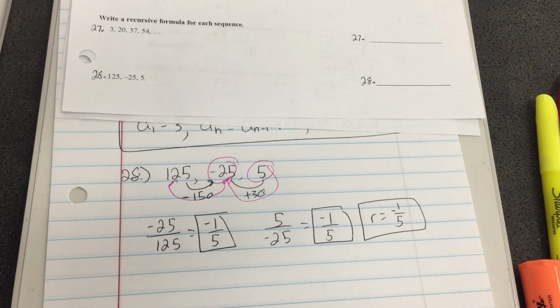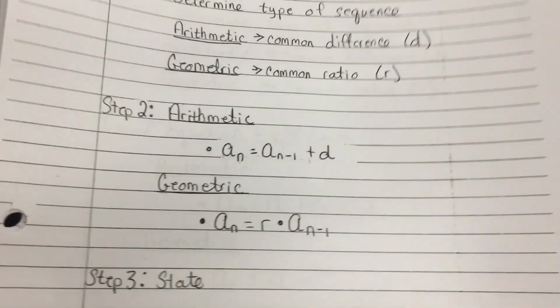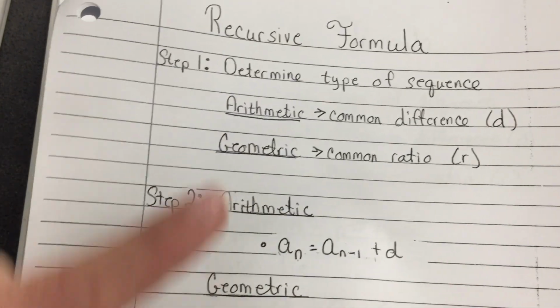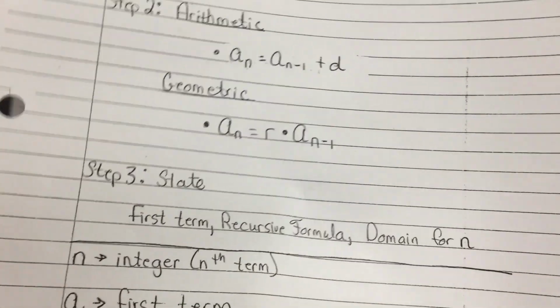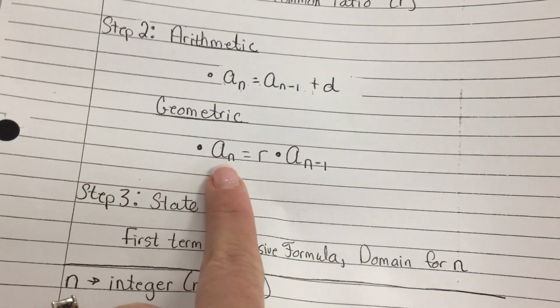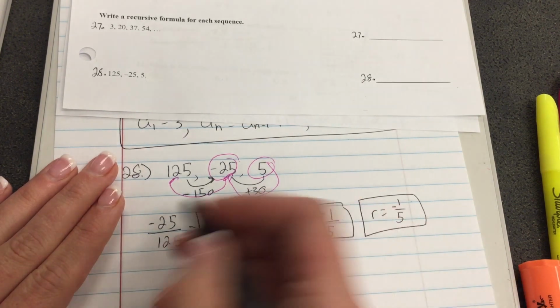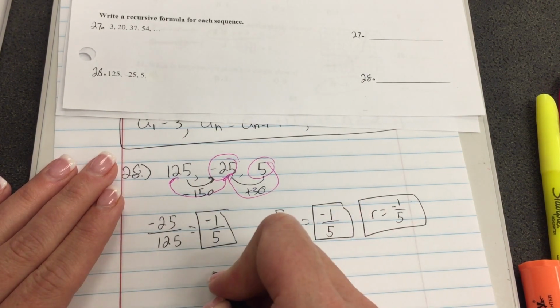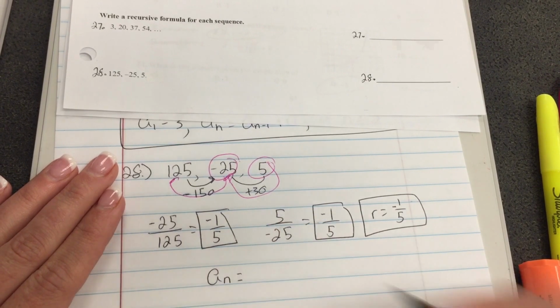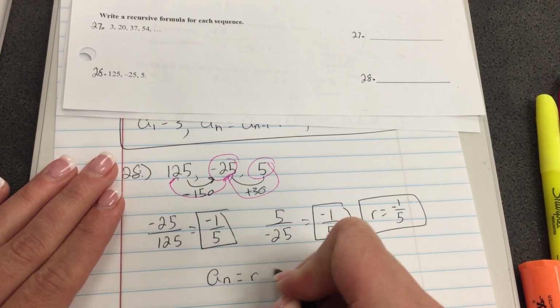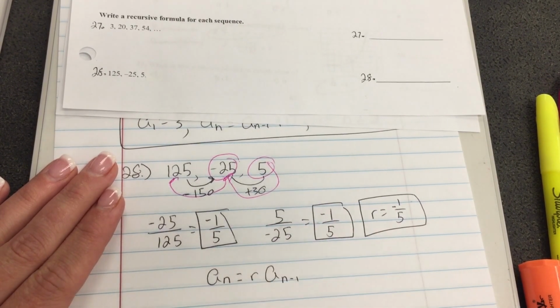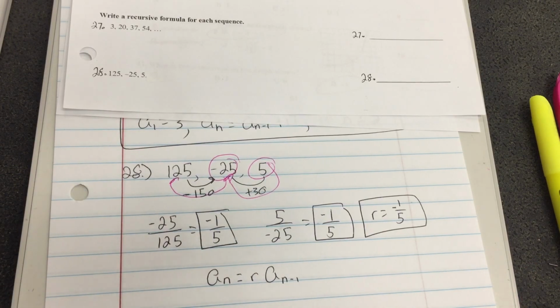All right. So like I said, for the recursive formula, first find out if it's arithmetic or geometric. Well, we found out it's geometric. So now we're going to use this equation, a_n equals r times a_(n-1). Then we'll write the first term, recursive formula, and the domain for n. So let's write our formula. a_n equals r a_(n-1).